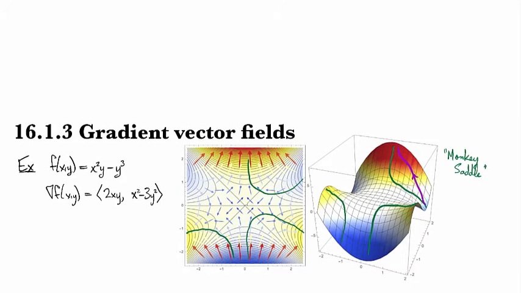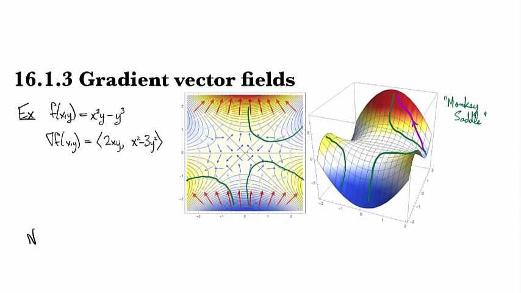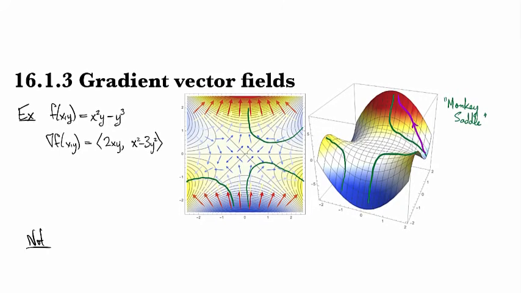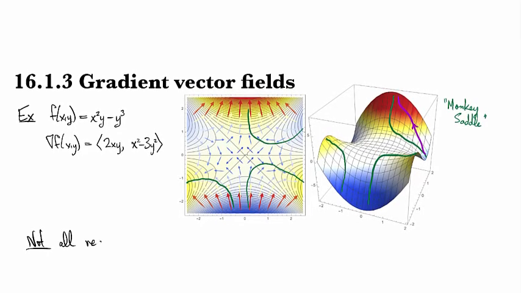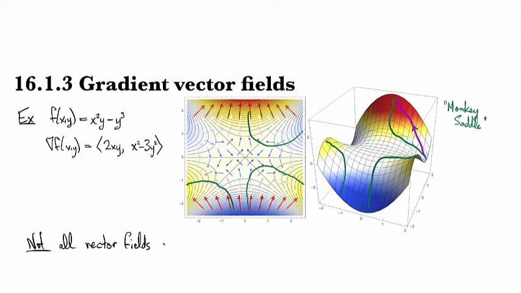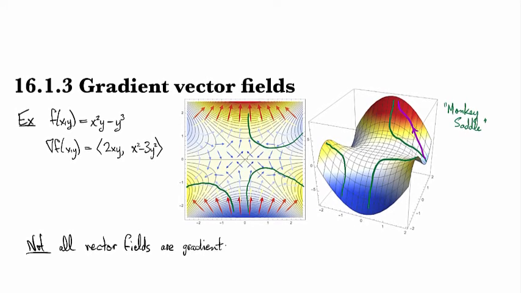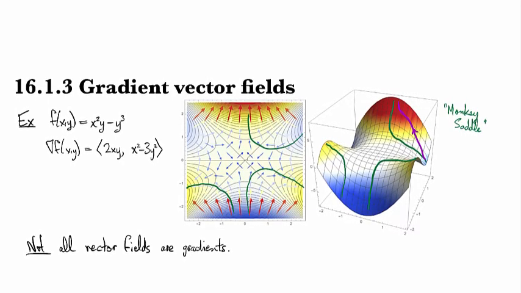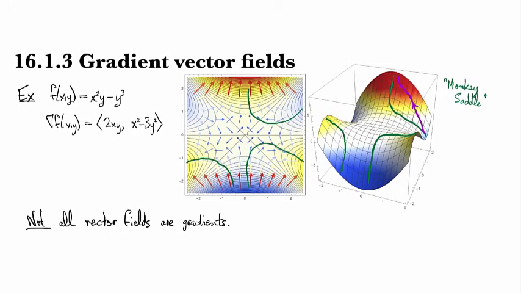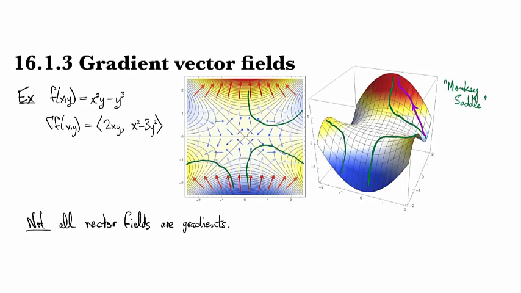Anyway, this is one kind of gradient field, but it's very important that not all vector fields are gradient fields. It turns out that the question of whether or not a vector field is the gradient of something has lots of implications, and we'll talk a bunch more about it later in the section.